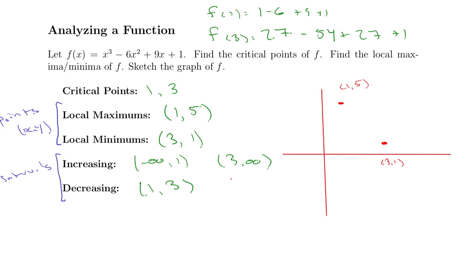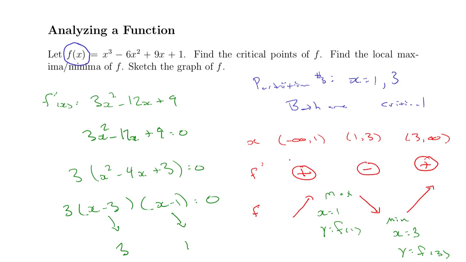Then we need to increase up to this maximum. Then we're going to decrease down to this minimum, and then we're going to increase. And we might remember that both of these critical points are ones where the derivative equals 0, meaning that might give us a hint at what this actually looks like on the graph. We're going to have some horizontal tangent lines here.